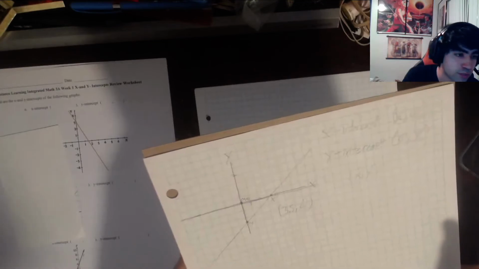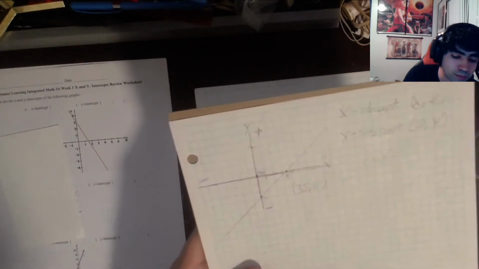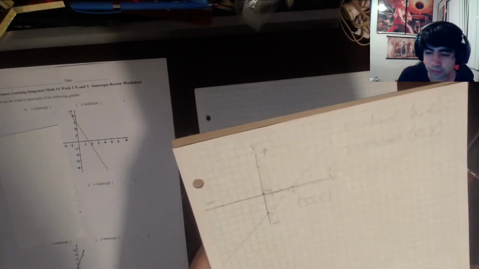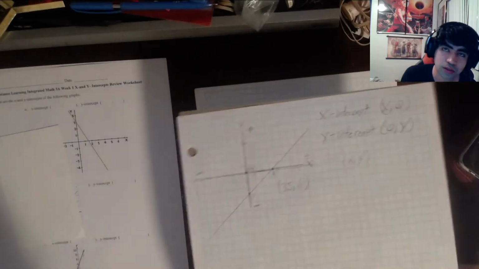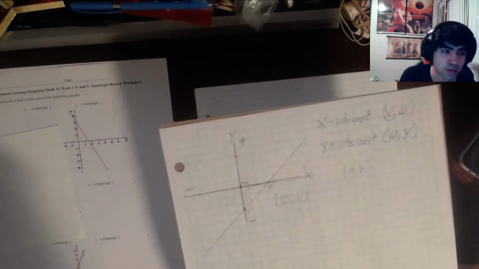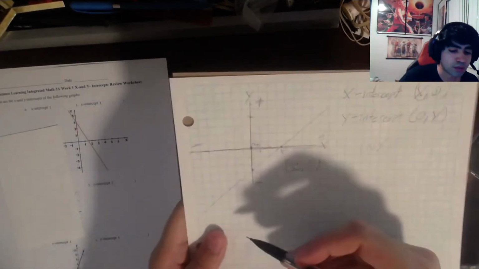Now, how you can tell if it's left or right: if you're going to the right, it's positive. This is the positive side of the x-axis, this is the negative side. This is the positive y-axis, and this is the negative side. For the y-axis, it's pretty simple. It's like above sea level and below sea level.